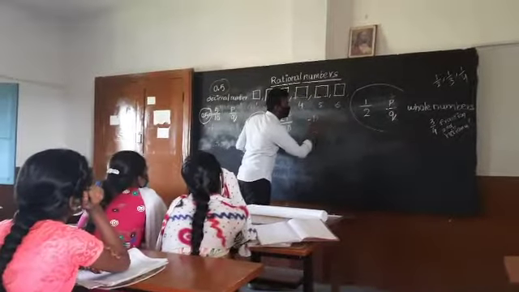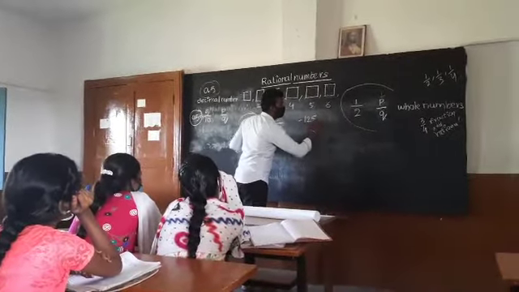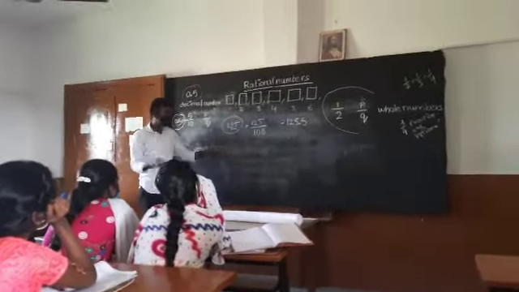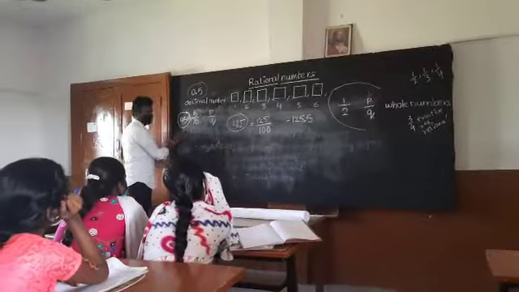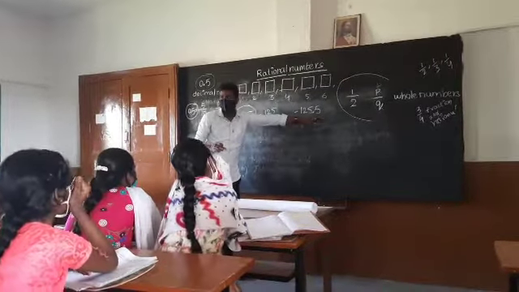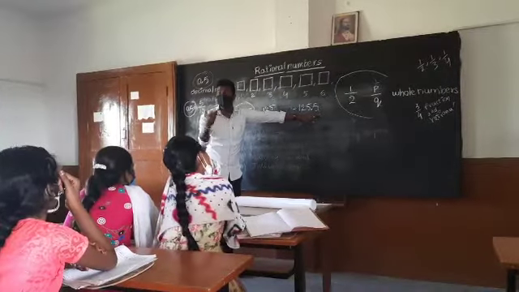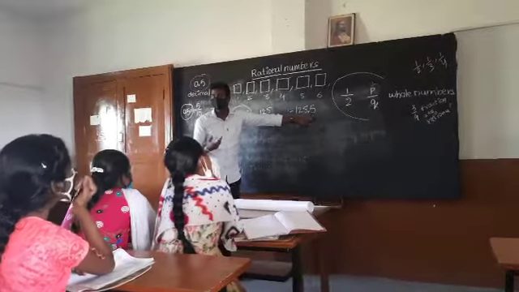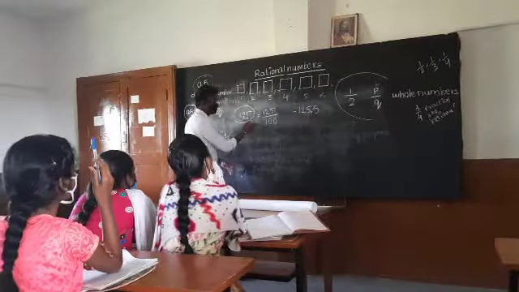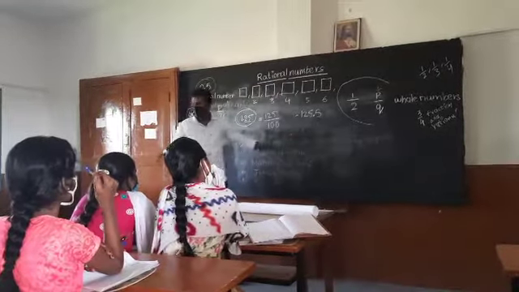Let me give another example: minus 125.5. It is a little more tricky question than these two examples. What do you say? Can we write this as a rational number? Can we write this in fractional form? No one knows how to transform it? It is similar to this.